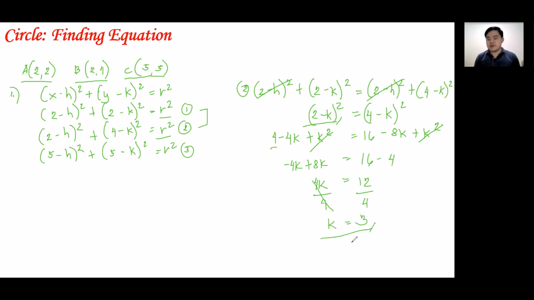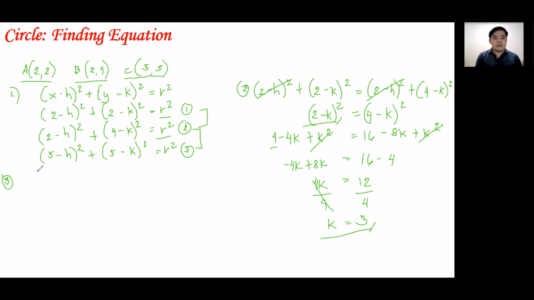Now, we have already our k, which is equal to 3. Okay, so after finding the value of k, we're going to use the equation number 2 again and equation number 3 for our step number 3. How? It's simple, just like our equation number 2 or our step number 2.